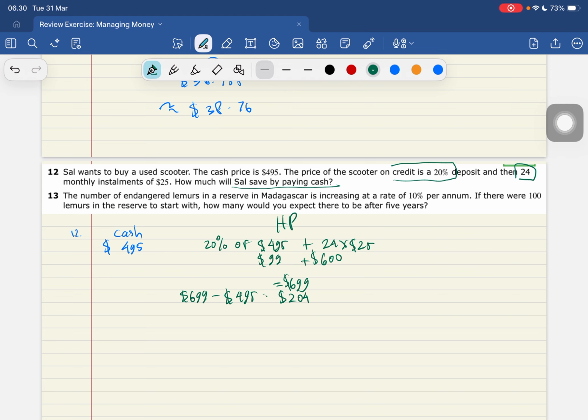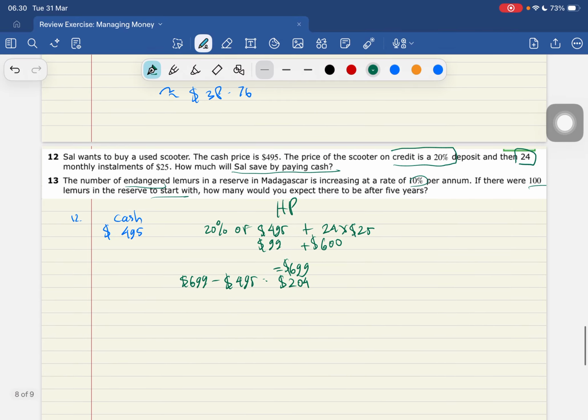Okay, 13. The number of lemurs in a reserve in Madagascar is increasing at the rate of 10% per annum. If there were 100 in the reserve to start with, how many would you expect there to be after 5 years?